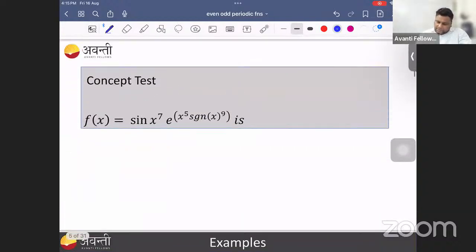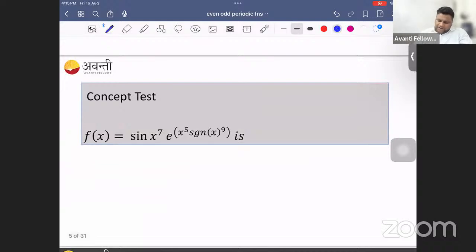Another simple example, if I see, f(x) is sine of x to the power 7, e to the power x to the power 5, signum of x to the power 9. Try it once. I give you 30 seconds to think.